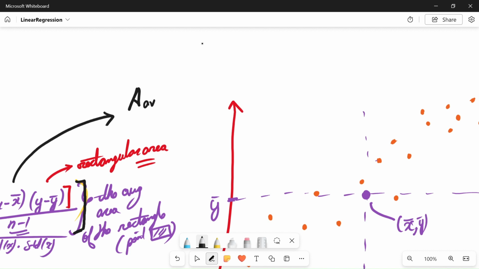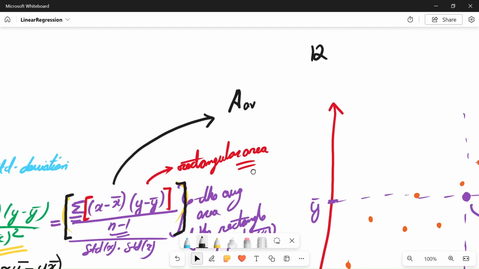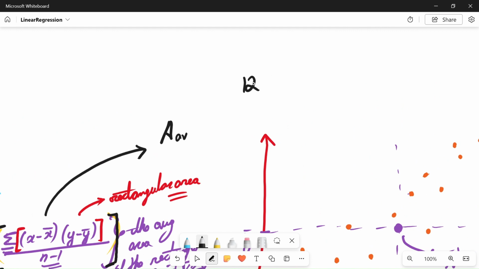And by that I mean, let's say the A average comes out to be 12, right? Obviously when you do the calculation, you won't get length and breadth separately from the numerator. You'll get a value, and the area itself is not enough to draw the rectangle. You need length and breadth separately, because if the area comes out to be 12, one of you might draw a rectangle with length 4 and breadth 3, such that the area comes out to be 12.